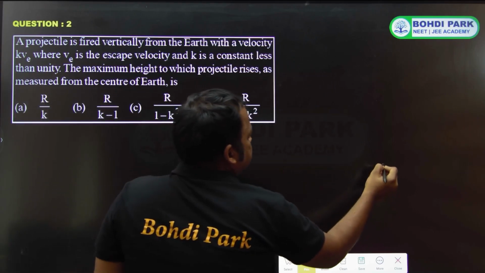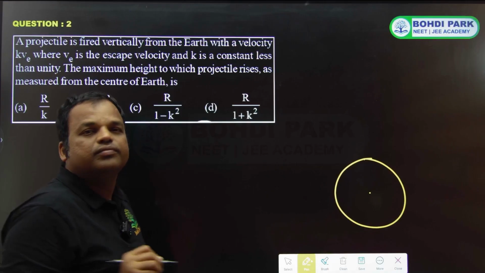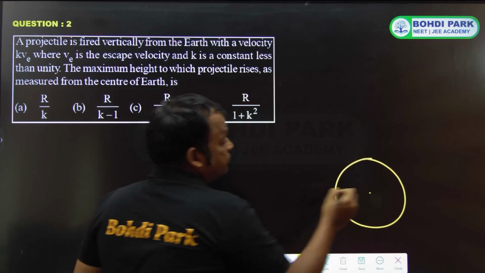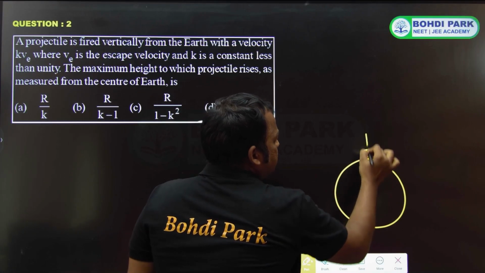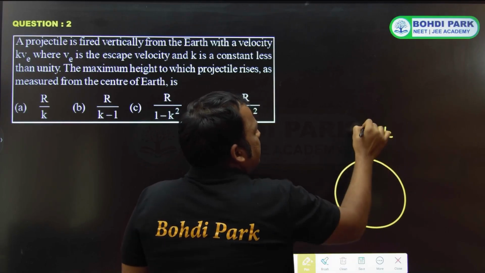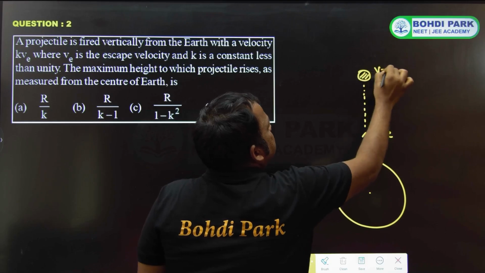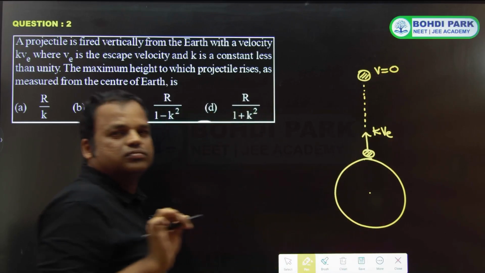So suppose this is the Earth, this is the center of Earth. Ball is thrown from the surface with velocity k times VE and it will go up, and at the topmost point the velocity becomes 0.